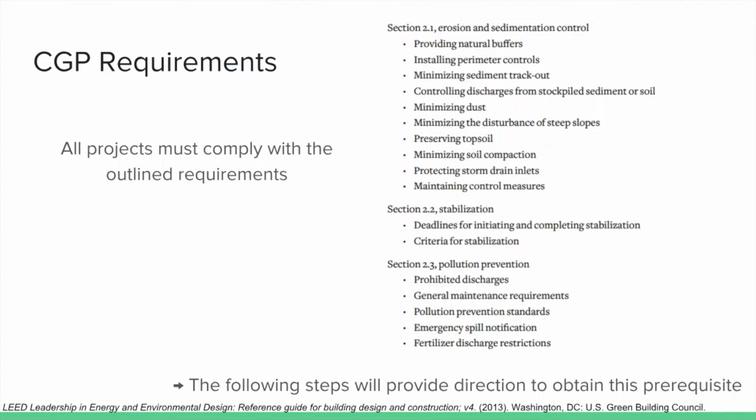This includes deadlines for initiating and completing stabilization and criteria for stabilization. The last section is for pollution prevention. It includes prohibited discharges, general maintenance requirements, pollution prevention standards, emergency spill notifications, and fertilizer discharge restrictions.